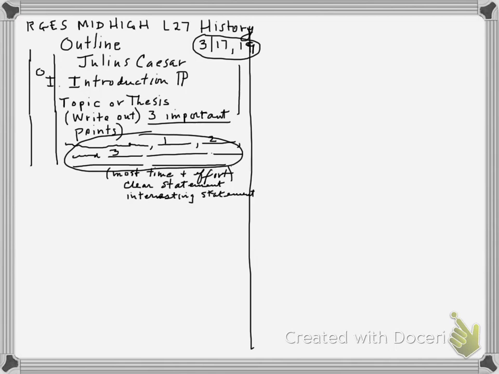Well, it's a little different here. Here, you want to select the three important key ideas about Caesar or your topic, but you want to state it very clearly. It's a clear statement, and it's got to be an interesting statement. Okay, so that's the introduction.